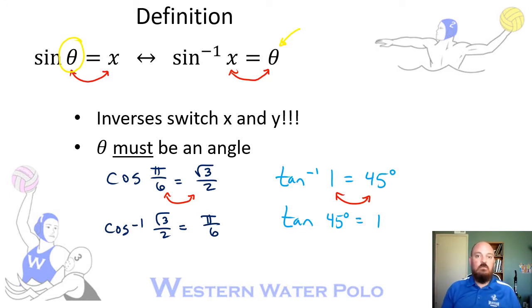And that's important. If I ask you what is inverse sine of x, and your answer is root 3 over 2, it's automatically wrong. You got the question backwards. Your answer needs to be pi over 4 radians or 180 degrees. It can be in degrees or radians, but it definitely needs to be an angle.